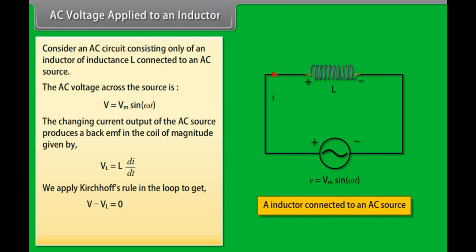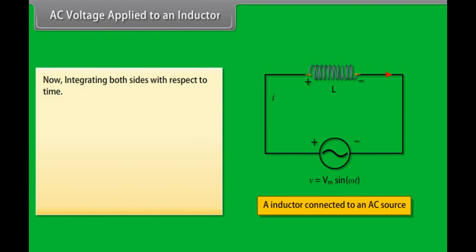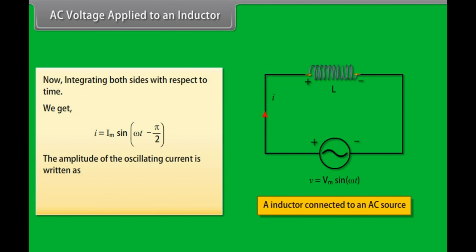Now, put the values in the above equation: di by dt is equal to Vm upon L multiplied by sin omega t. Now, integrating both sides with respect to time, we get I is equal to Im sin (omega t minus pi by 2). The amplitude of the oscillating current is written as Im is equal to Vm upon omega L.